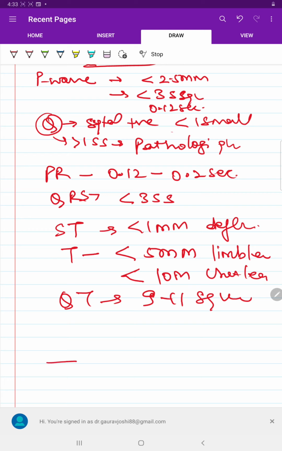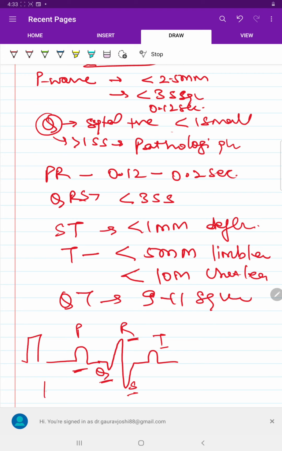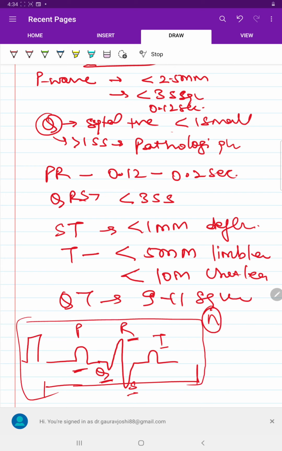So this is the P, Q, R, S, T. Whenever you get an ECG paper, look for the normal values of the ECG, R waves, T waves, standardization, the amplitudes of these. If everything goes normal, then the ECG is a normal ECG. If there is a derangement in these values, then that is an abnormal ECG.